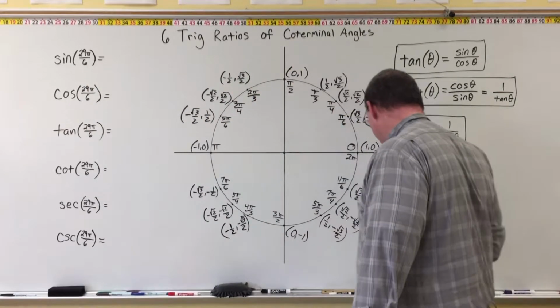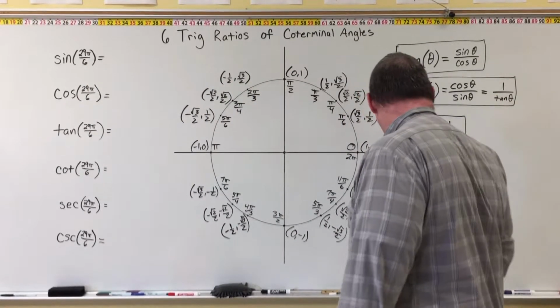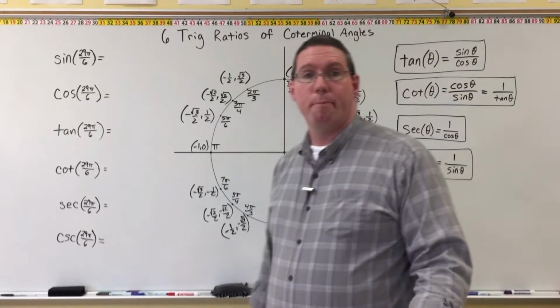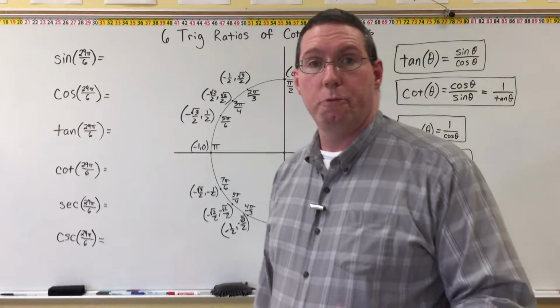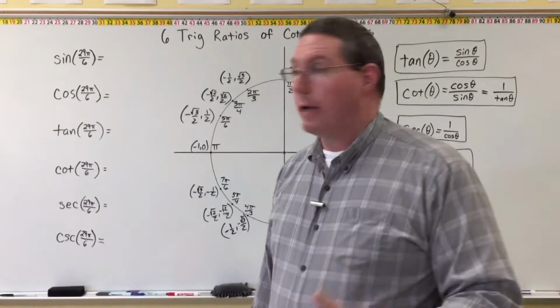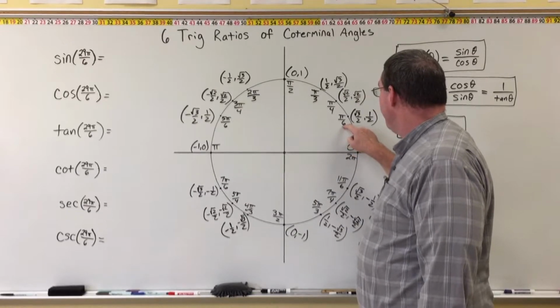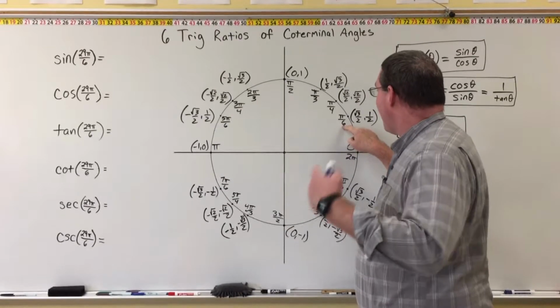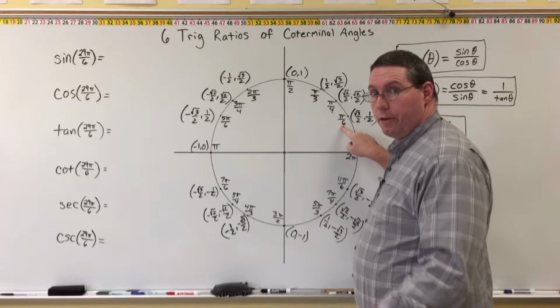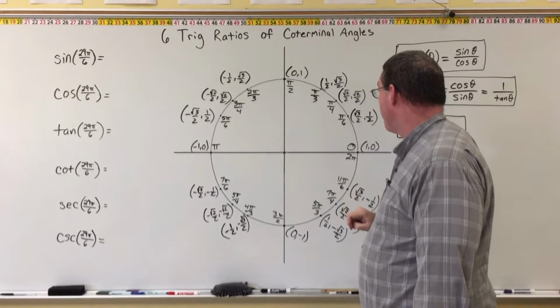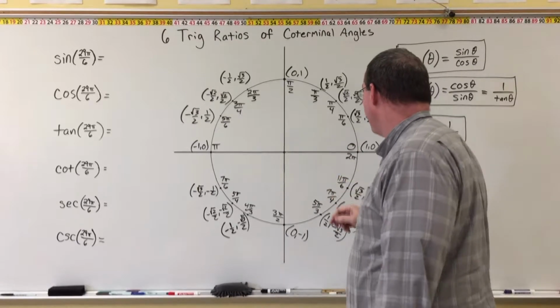Now, one of the tricks that I taught you was that one way that you can add 2 pi or subtract 2 pi is by doing this. You can double the denominator and then add that number, the doubled denominator, to the coefficient of pi in the numerator. So here's what I mean.